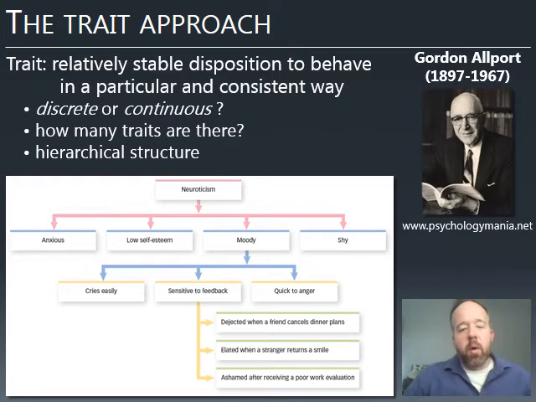But then we get even more specific behaviors. They cry easily. They're quick to anger. So now we're getting to very particular emotional states. They're sensitive to feedback. From there, you can get to individual instances, like the one time a person criticized them and they took it very personally and didn't talk to the person for a long time. So that would be a particular instance. So we can fit all of these things in a hierarchy that eventually describes the person's personality.